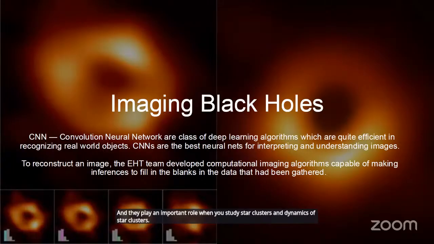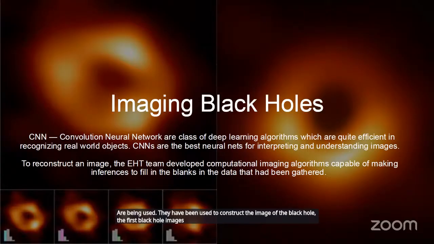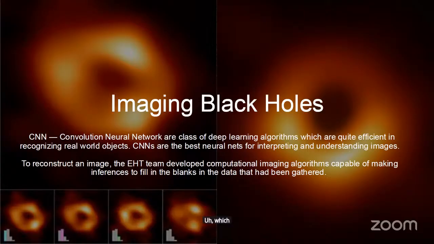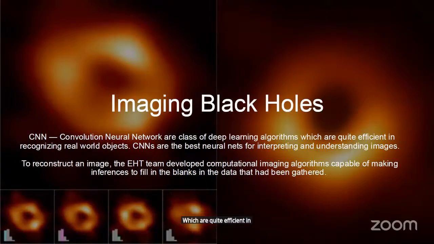Another interesting example is that convolutional neural networks are being used. They have been used to construct the image of the black hole, the first black hole images, which you remember we saw, which had captured the imagination of everyone around. They are a class of deep learning algorithms which are quite efficient in recognizing real world objects.